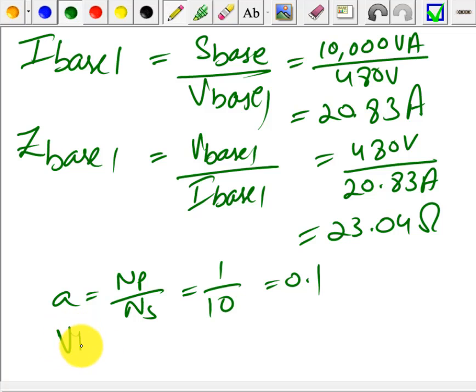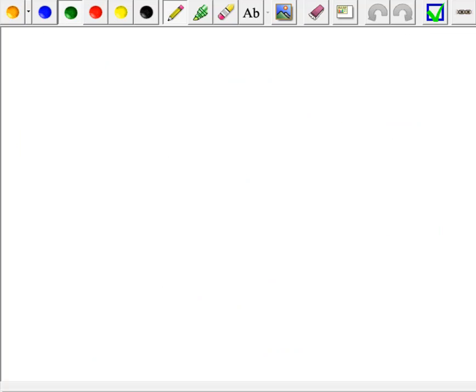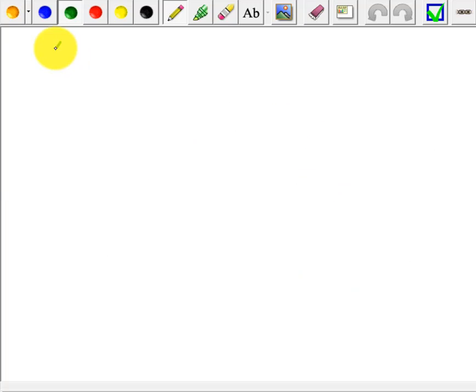So V base 2 will simply be V base 1 divided by a. That would be 480 volt divided by 0.1, so that will be 4800 volt. Now S base 2, that will be on this side, this portion.